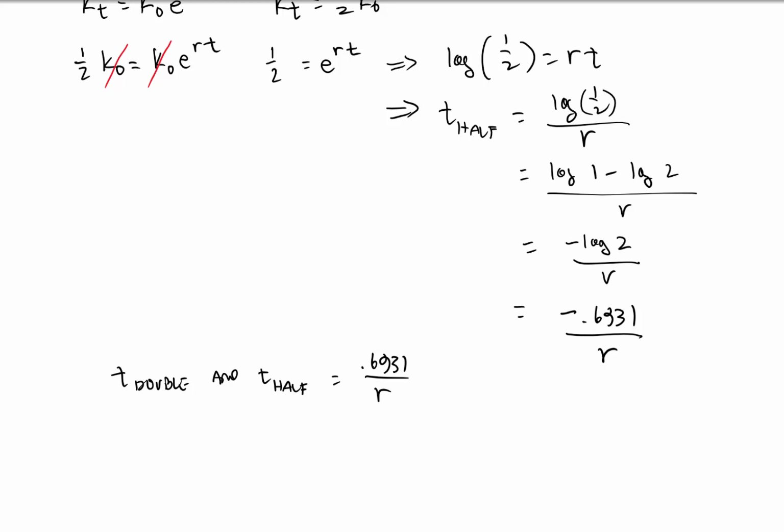So it's the same formula. In both cases, it's going to be this log 2 divided by r. You've learned twice as much. You have a formula that works both when r is positive and r is negative. It will just tell you how many years until the population either doubles if the growth rate r is positive, or shrinks by half if r, the growth rate, is negative.